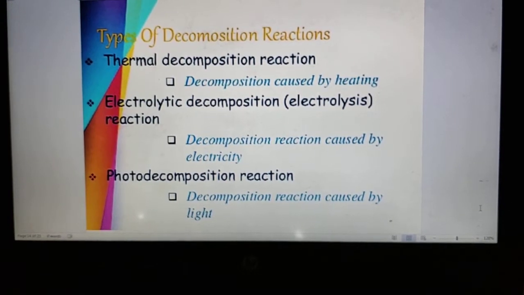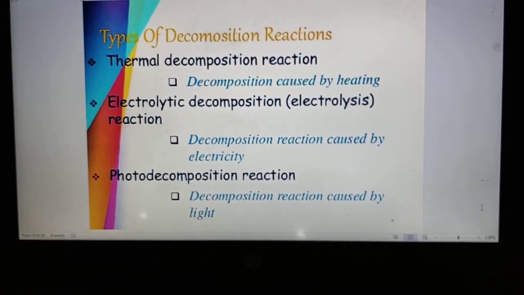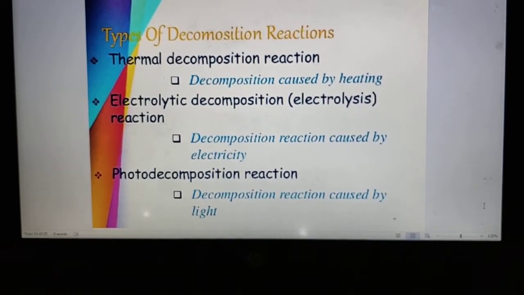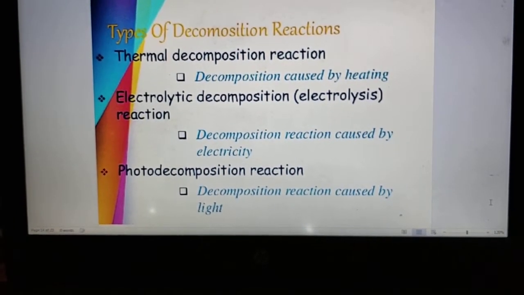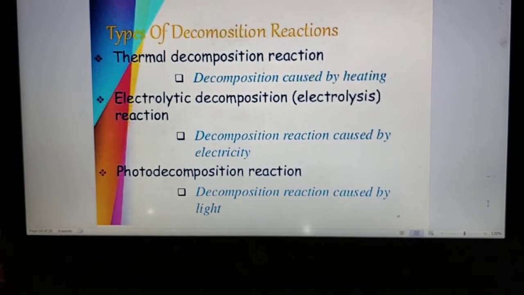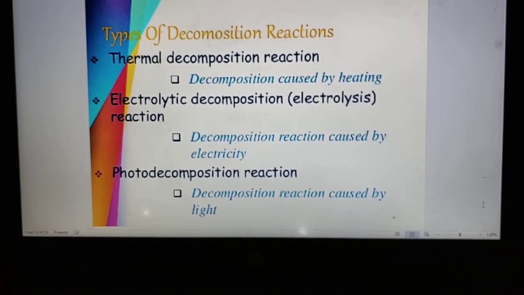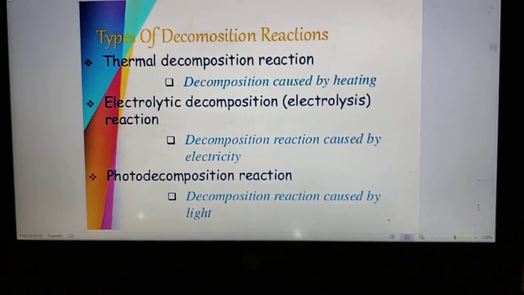Electrolytic decomposition may result when electric current is passed through an aqueous solution of a compound. A good example is the electrolysis of water. Electrolysis of water is the decomposition of water into hydrogen and oxygen due to the passage of electric current through it.